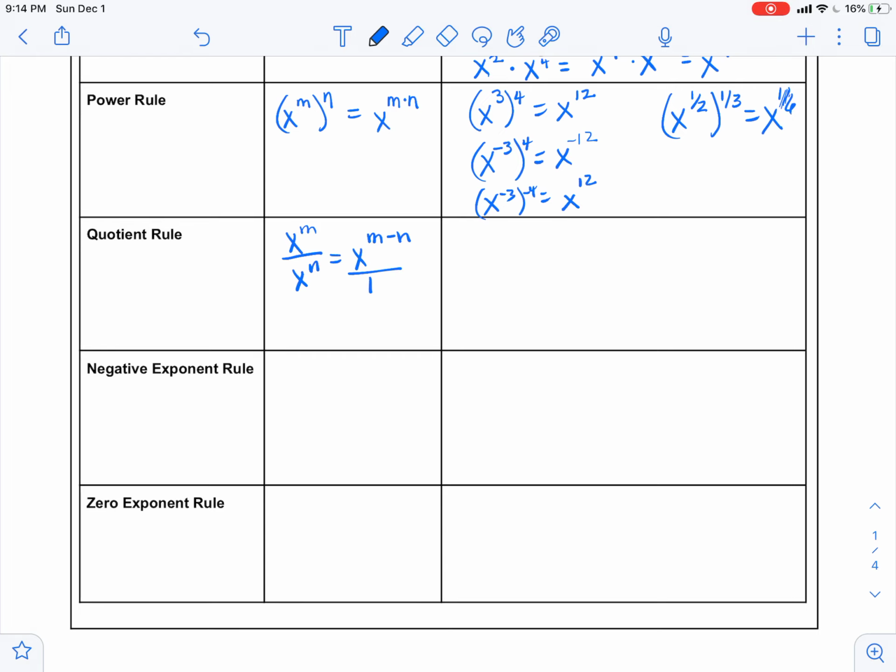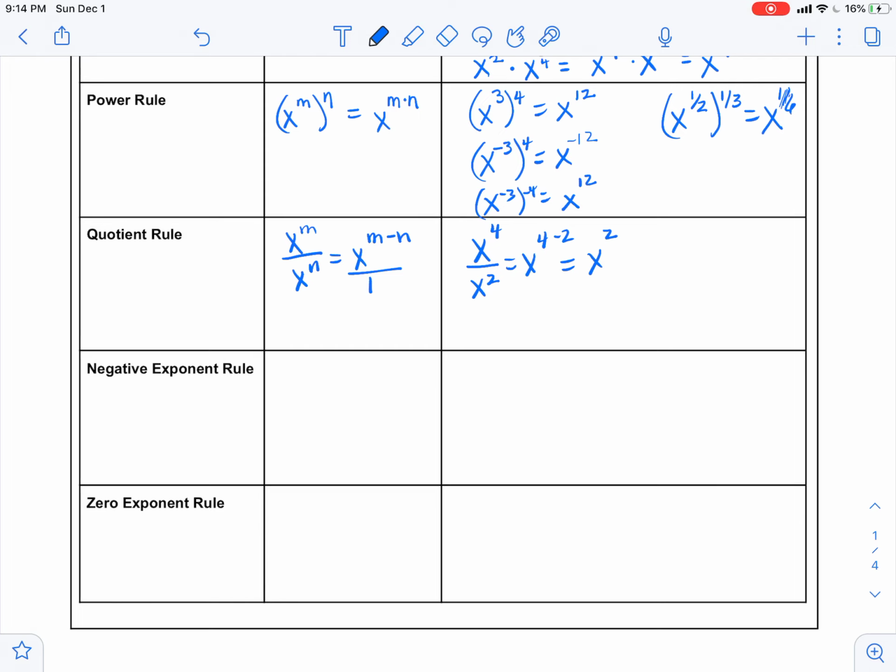So technically I could put this over a 1, but most of you don't need that over the 1. For example, if I have x to the 4 over x to the 2, then I would subtract and get x to the 4 minus 2, which is x squared.